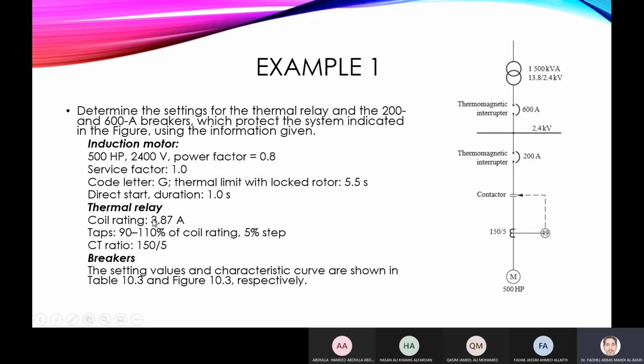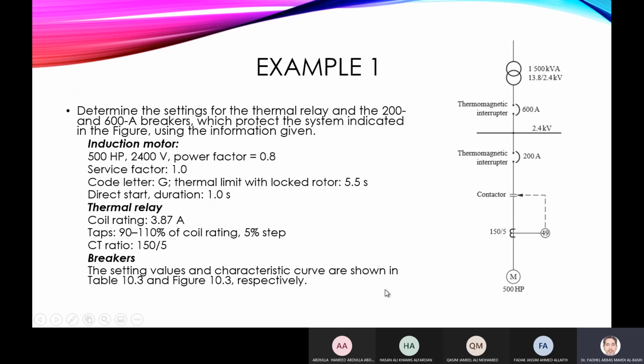You can change the settings from 90% to 110% of the coil rating in steps of 5. The CT ratio is given here, 150 to 5. We can determine it, no problem, if we measure. I will show you now, even if it is not given.